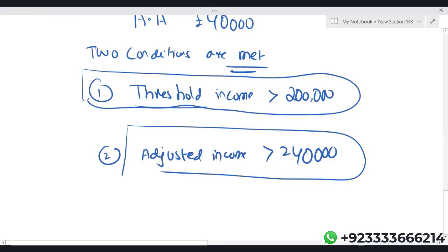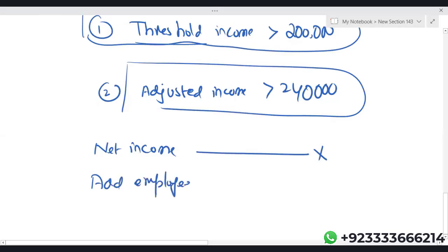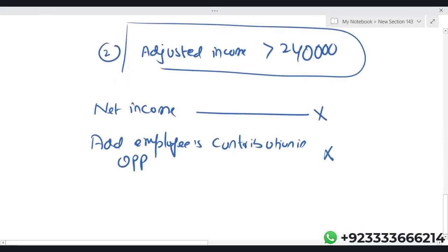Now the question is, what is the format for the adjusted income? Listen. Number one, we'll take the net income. Obviously, the examiner will give you the data. In this net income, simply add the employee's contribution in an occupational pension plan. Add the employer's contribution to any scheme for that individual.